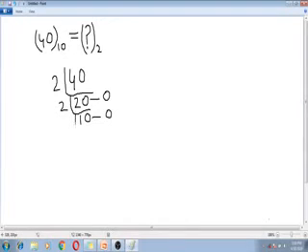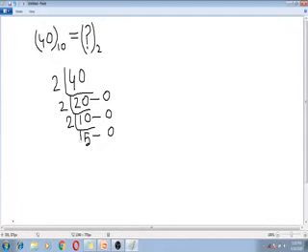Again divide 10 by 2. The quotient will be 5. The remainder will be again 0. This process will be continued until the quotient value is 0.